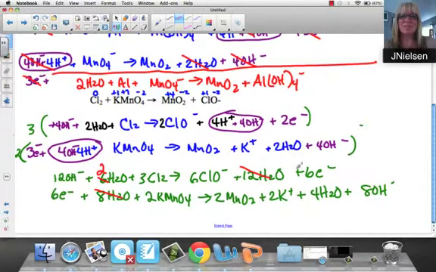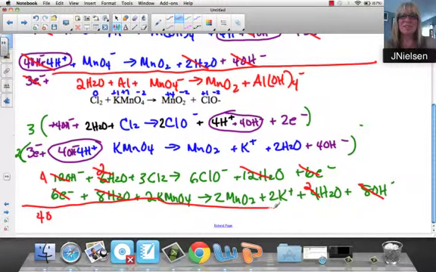However, I now see I still have 4 waters over here, so I can get rid of this completely and make this 2. Okay, I have 8 OHs, 12 OHs, so I'm going to make this 4 OHs. And I have 6 electrons, 6 electrons. I don't think I can do anything else.